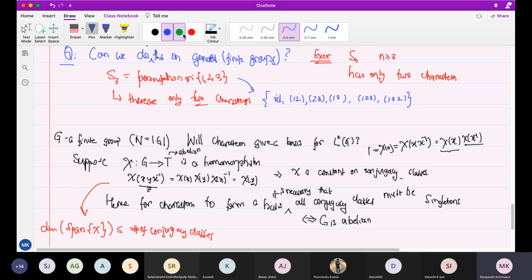So the conjugacy classes are: the identity is one conjugacy class in itself, the 3 transpositions form a conjugacy class, and the 3-cycles form a conjugacy class. In general, the cycle structure gives you the conjugacy classes.